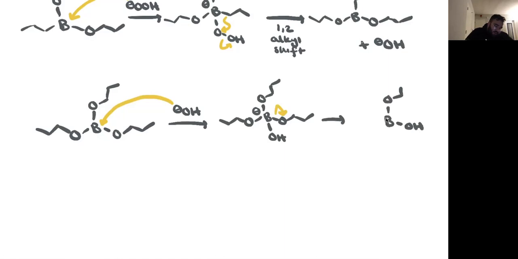Now, notice that you do have to go through that intermediate because that boron is sp2, and you can't just freely kick something off, especially since boron's LUMO is an empty p orbital. So you're going to have to put your electrons into that empty p orbital before anything else can happen. And like everything else in the mechanism, we do this 2 more times.